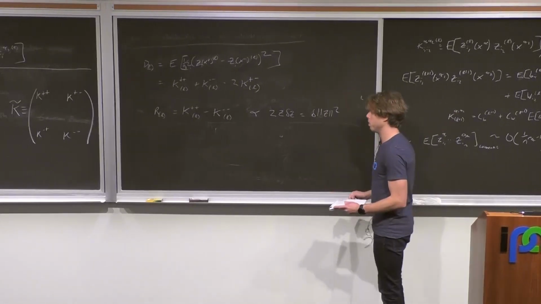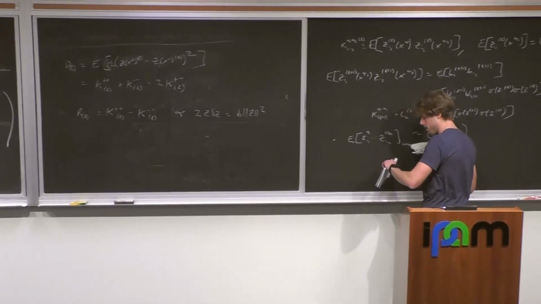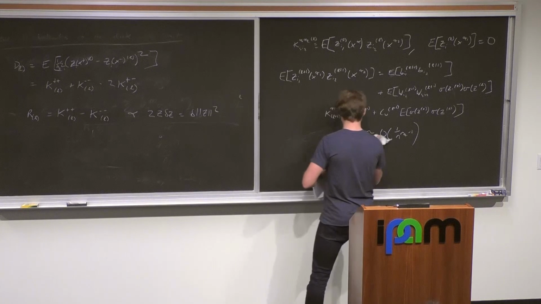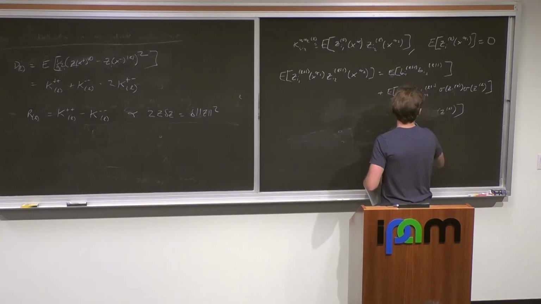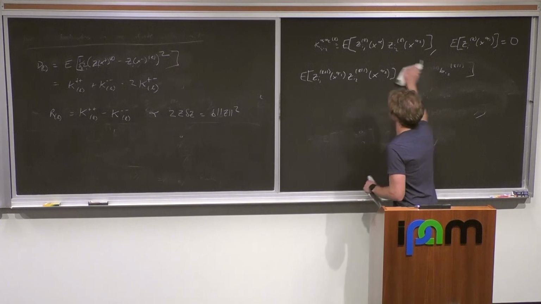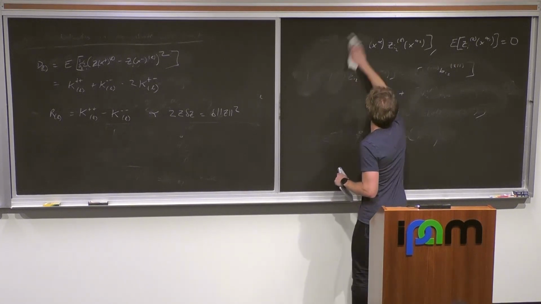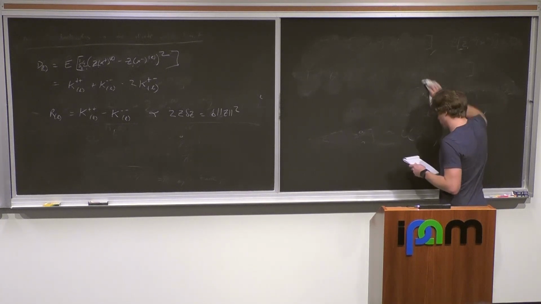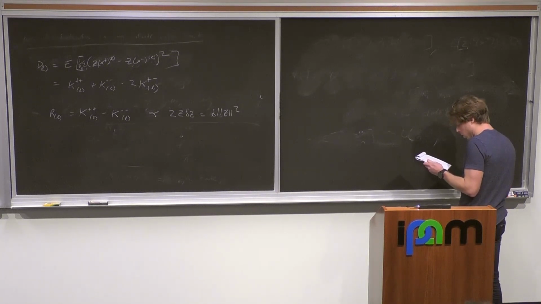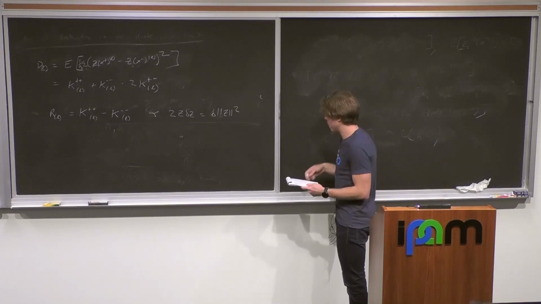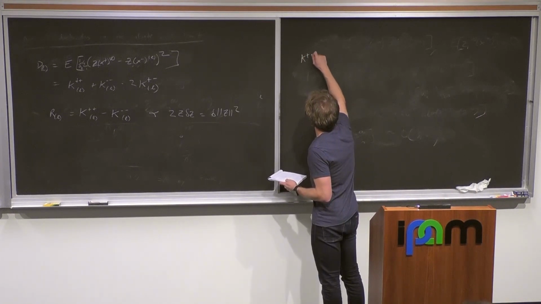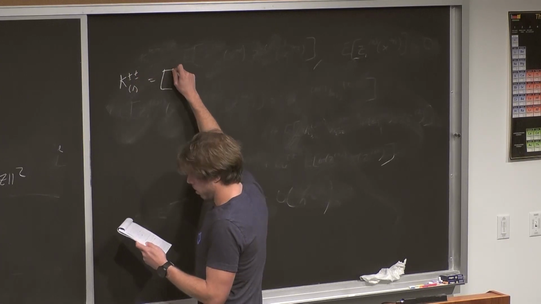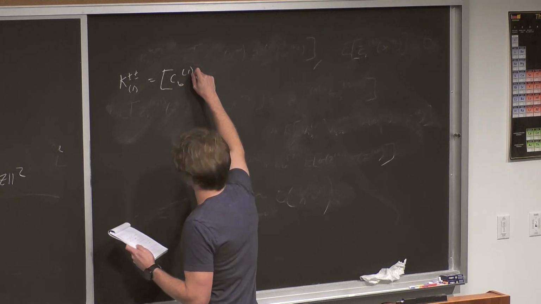Okay, so given that we have this, now we're going to compute these Ks. To get some intuition, let's just consider the first layer. So we have K plus minus at layer 1. And that's going to be given by the following expression.